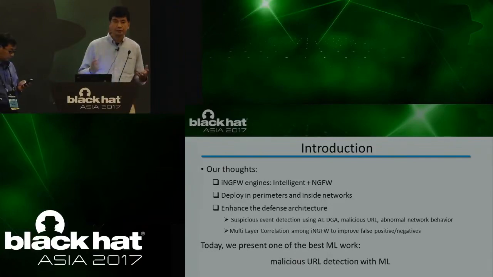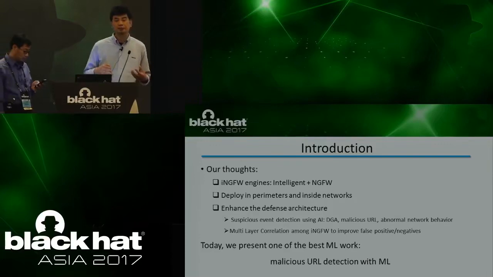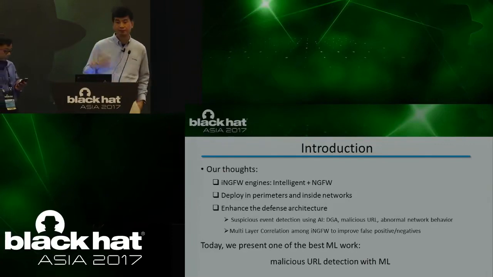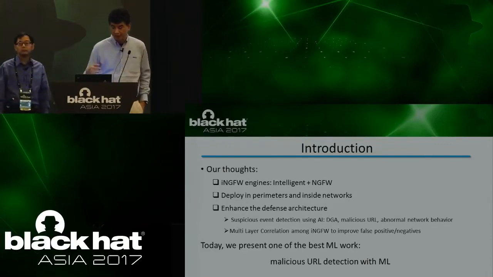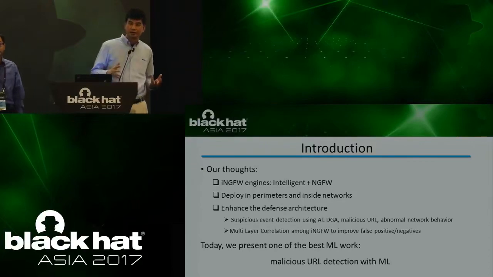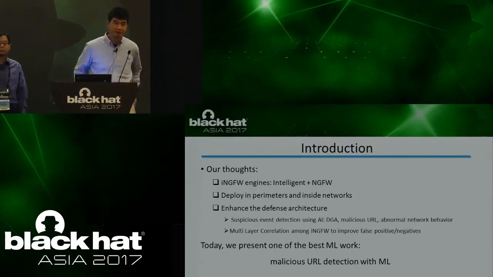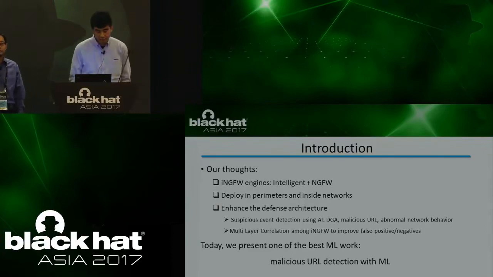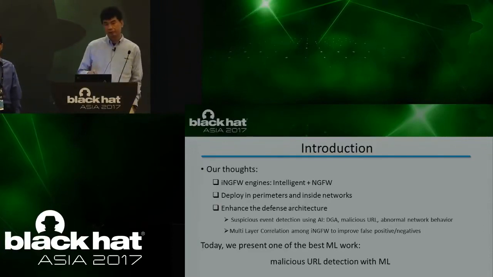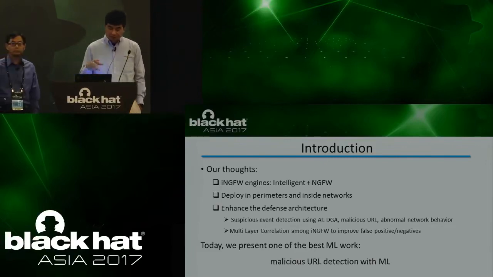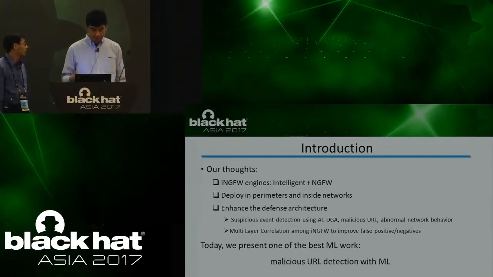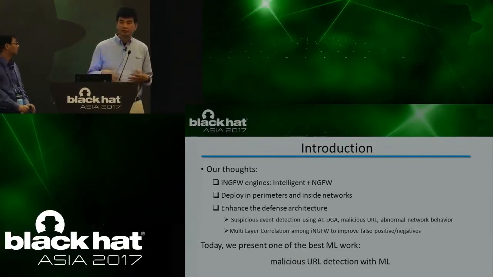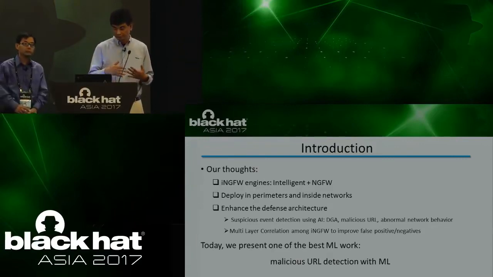For deployment, everybody has maybe heard that we need to defend not only at the perimeter but also in depth inside the network. On overall architecture, people already talked about this morning: you need to use new technology to detect suspicious events, for example DGA and malicious URLs. You also need a new multi-layer architecture and technology, so you need to do full coverage.